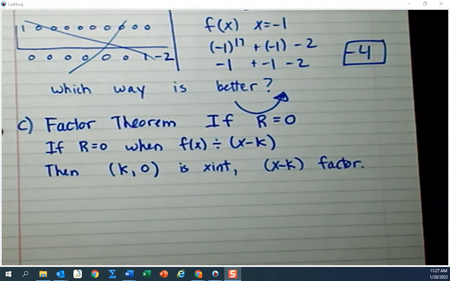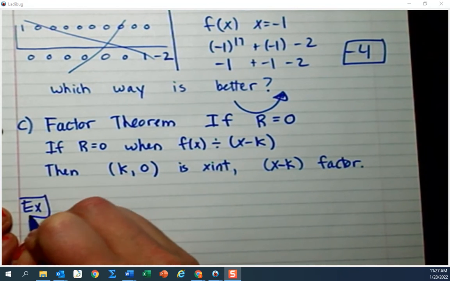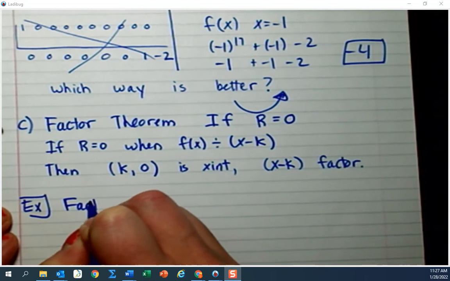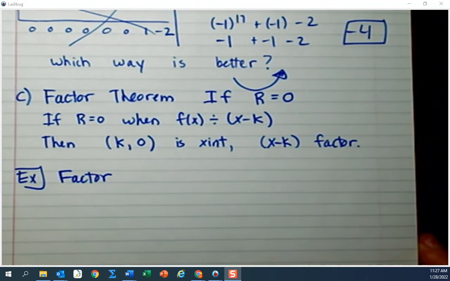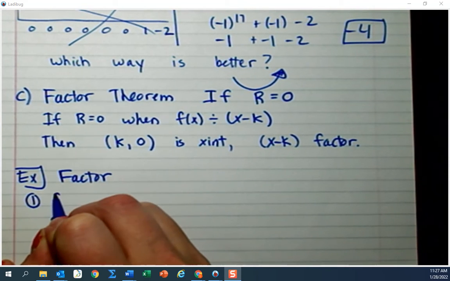All right, so here's our directions today. I'm not asking for the remainder. I'm not asking for the y coordinate. I am asking you to factor. Factor only. I'm going to give you a little bit of assistance in the factoring. Okay. So here we go.